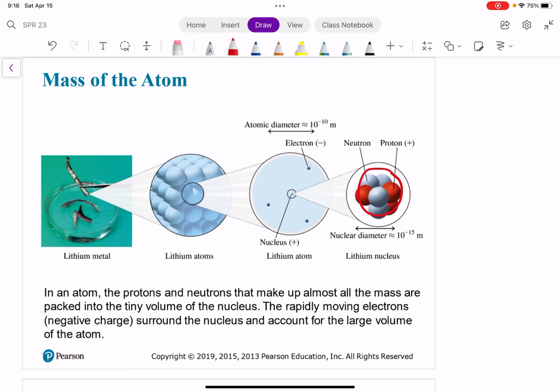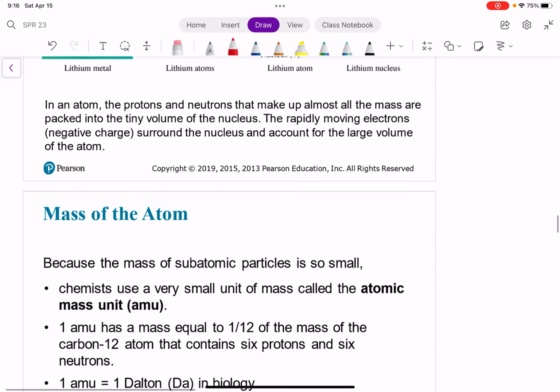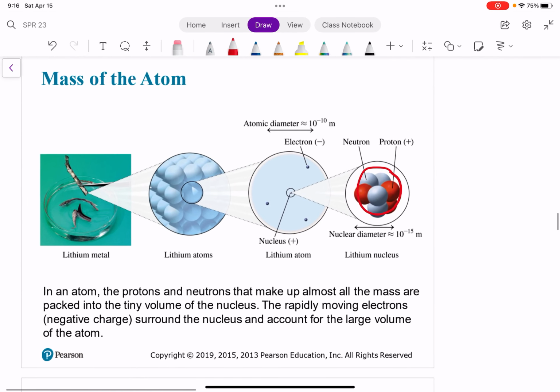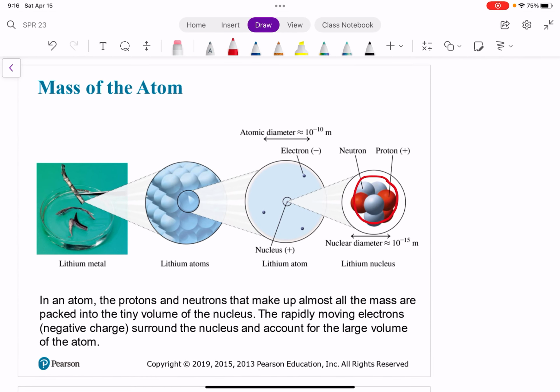So really, really far away. So the atom is mostly empty space. Really interesting. And the electrons are the ones surrounding the nucleus and creating that large volume of the atom because they're so far away from the nucleus.